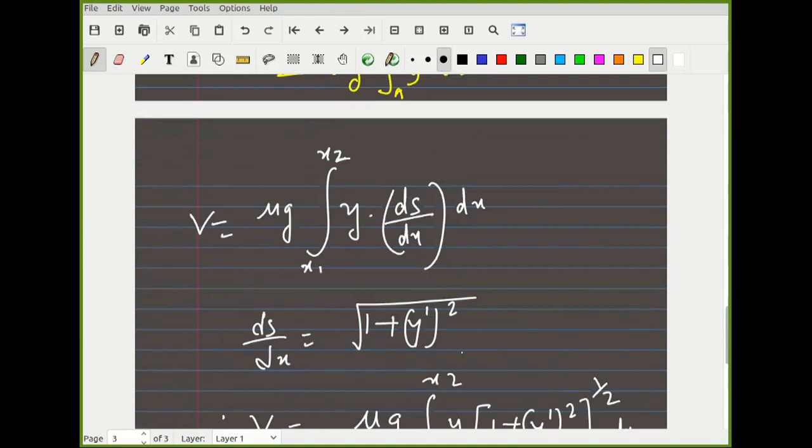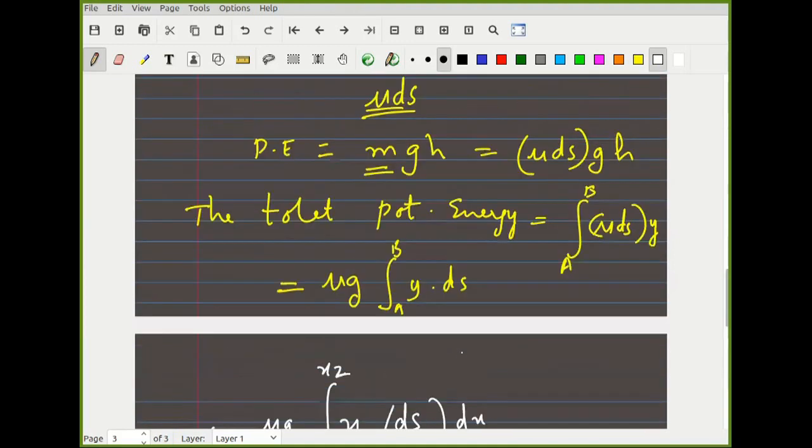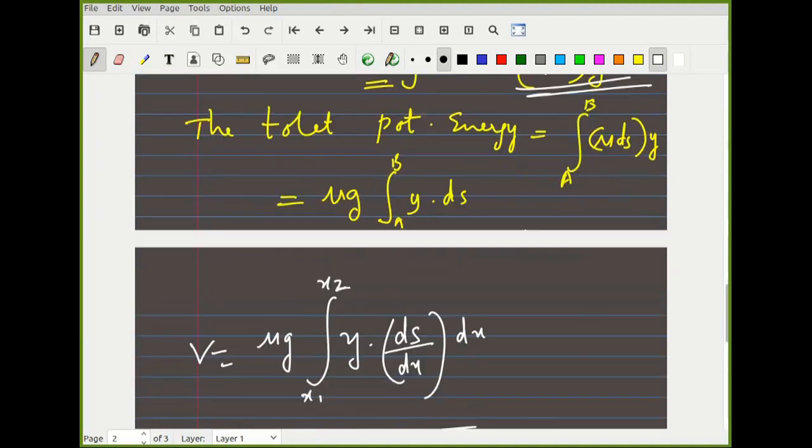So yeah, it's a little sloppy here. I should not have written the integral right away here. The integration process is with respect to dx.